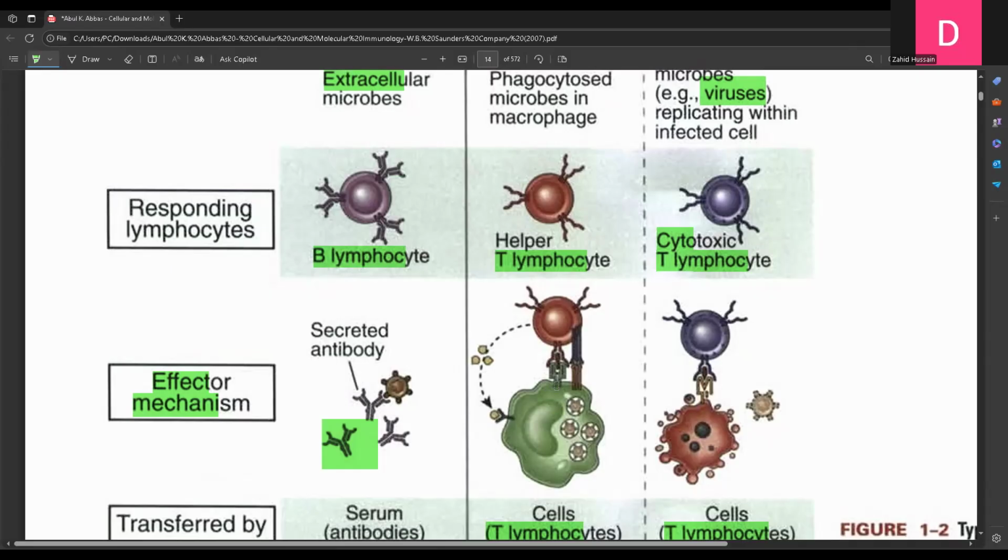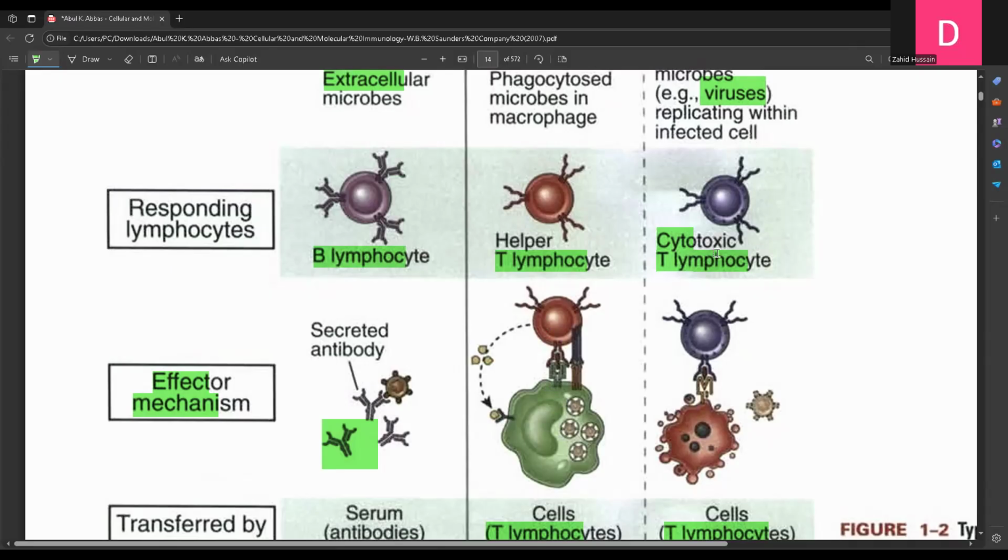They will bind specifically, and the TH cell will be activated and secrete some substances which will bind with the receptor on the target cell, and then destroy that cell which has viruses in it.